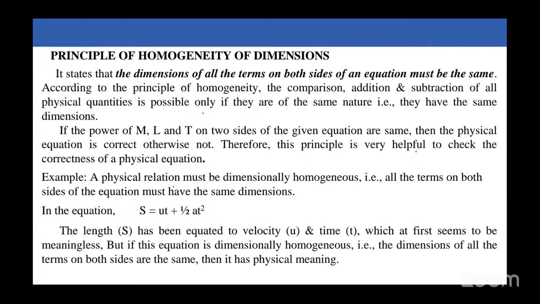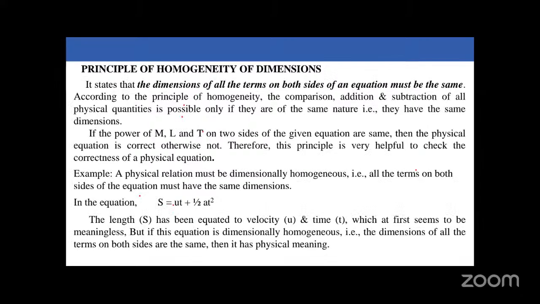This equation is only correct if the dimensions of each of the combinations, that is the UT and AT squared, are of the same dimension and also equal to S. Now, S in this equation is distance or length. So let's analyze this. If S is length, it means that it will have a dimensional formula of L.